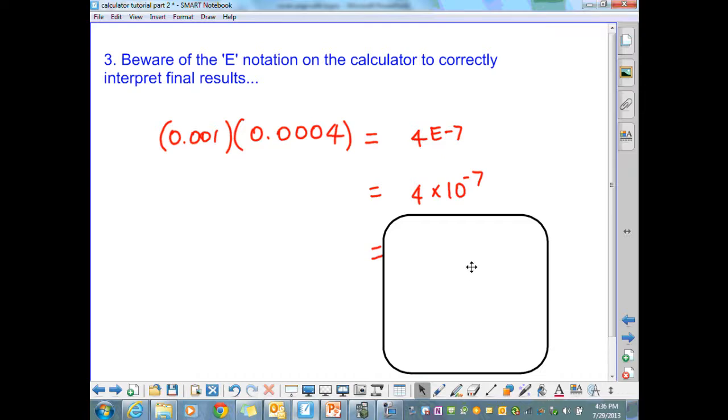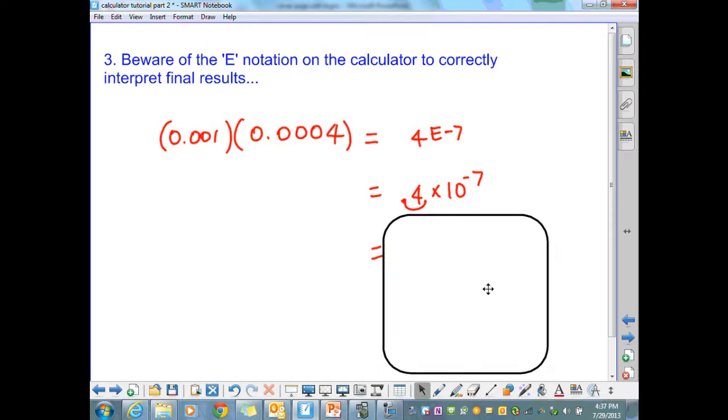Like in statistics, I usually ask my students to write that as a decimal notation. So that means move the decimal 7 units to the left. So the first time you move the decimal, it will go from here to here. And then you're going to move it 6 more times. So you're going to have 6 zeros placed in front of the 4. And that's where you're going to place the decimal.